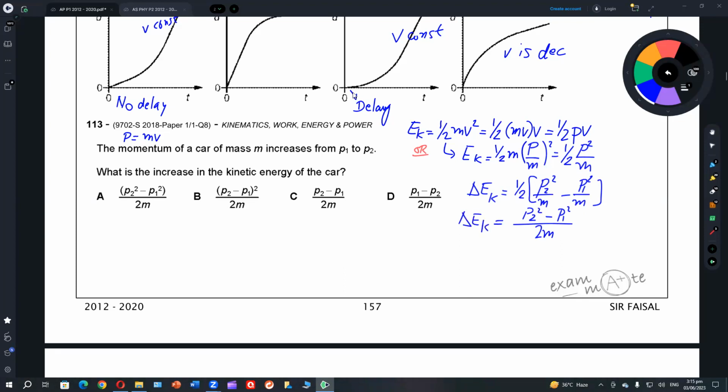Now this is the working. So is it A? Closest is looking to be A.